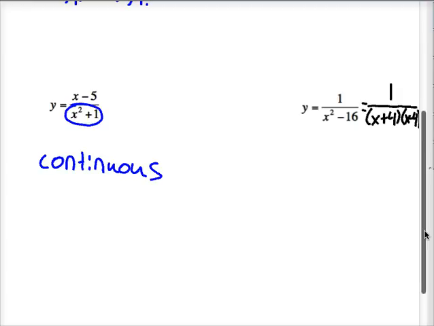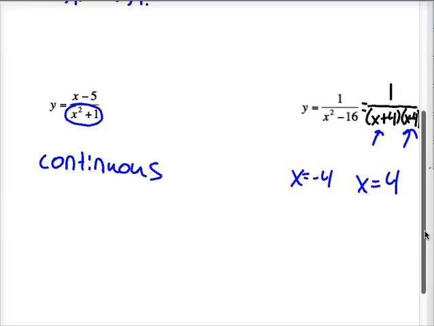Now, from here, we need to look at our points of discontinuity. From that one, I have one at x equals negative 4. From that one, I have one at x equals positive 4. Now, notice neither one cancels out.